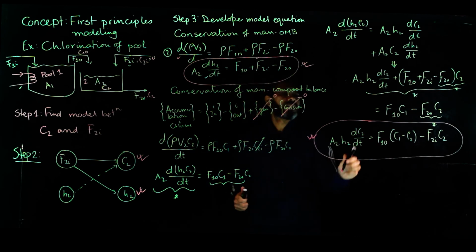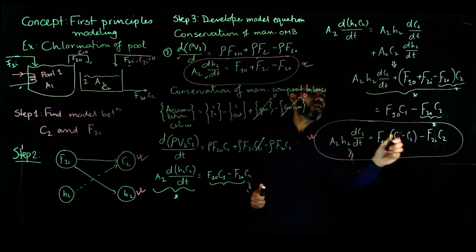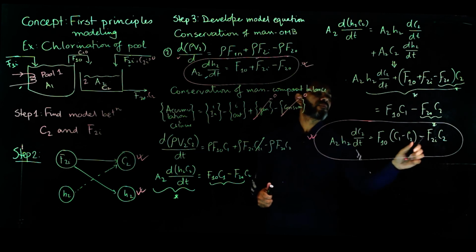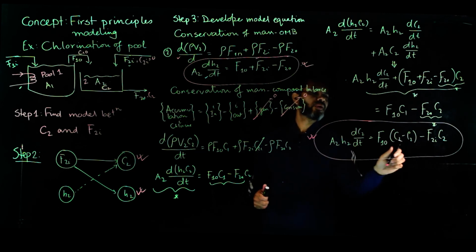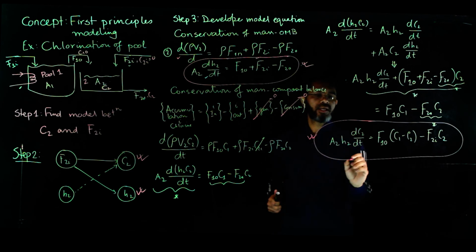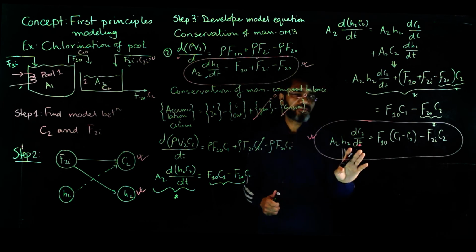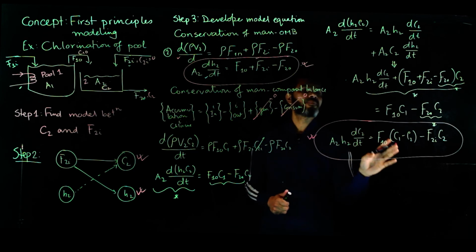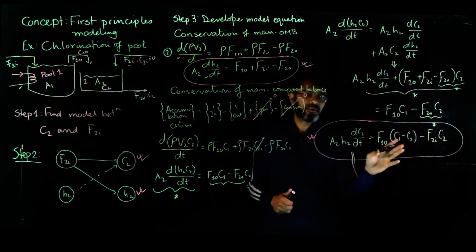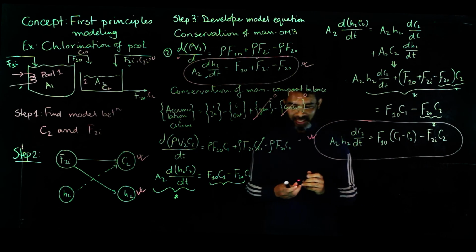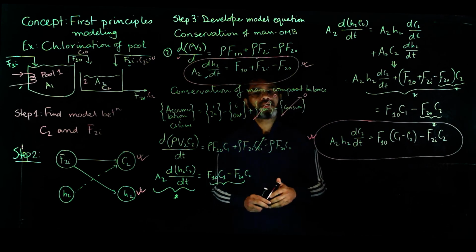You see the relation between C2 and F2i is there, but again the other terms H2, C2 are also there. So although this is not in a standard form, we can further rearrange to get the equation in its standard form.